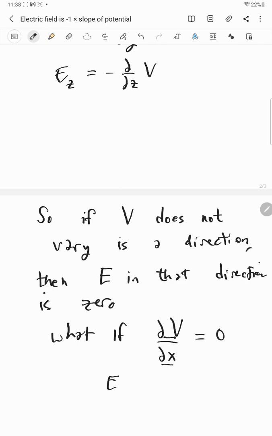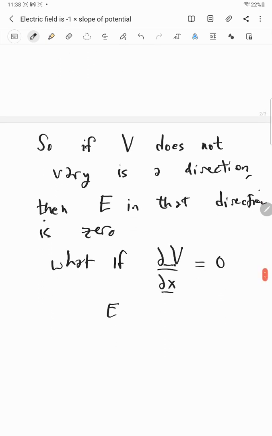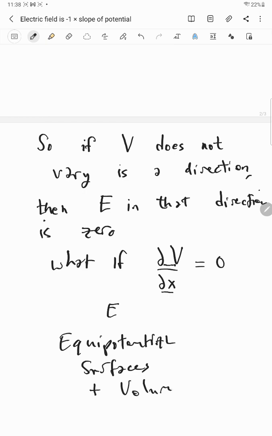That doesn't mean that the electric field in the other directions are zero necessarily. It just means that the electric field in that direction is zero, right? Yeah, and this is related to equipotential surfaces and volumes.